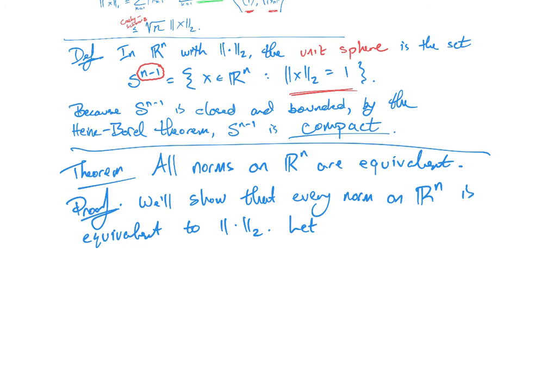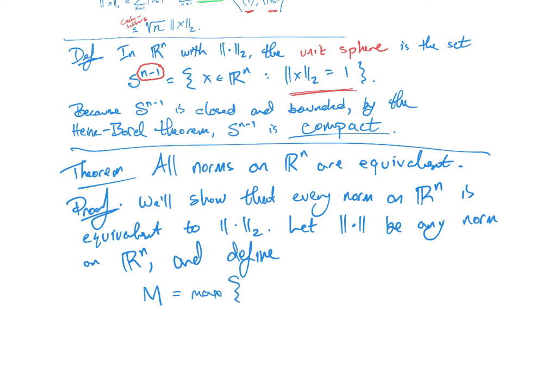So let's let this generic norm be any norm on Rn. I'm going to look at the maximum of this mystery norm on the standard basis vectors.